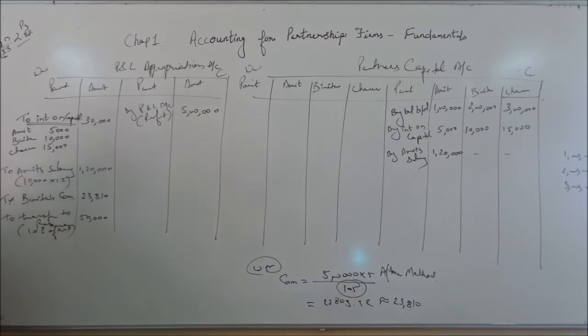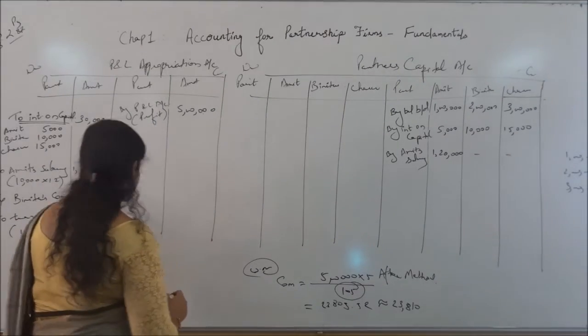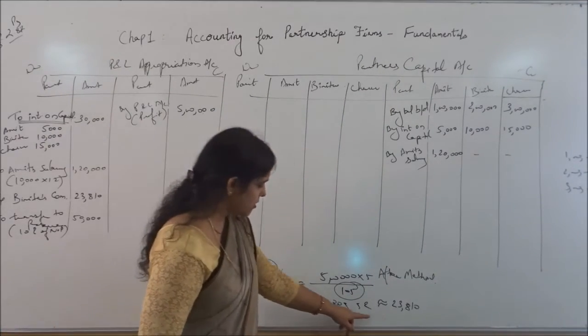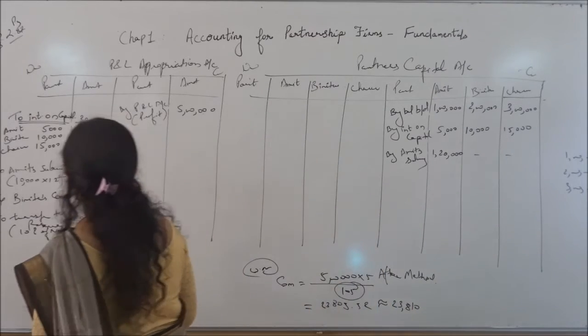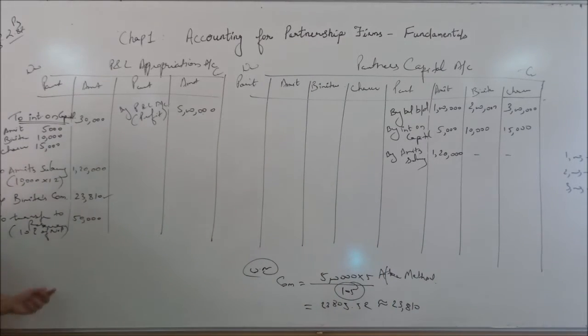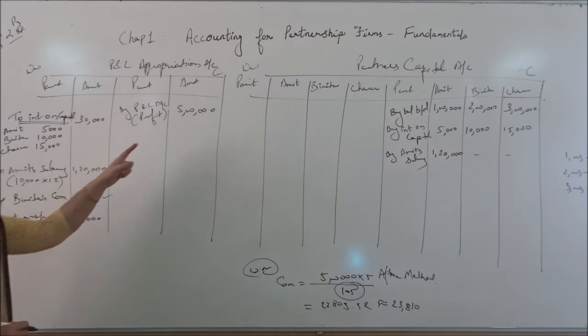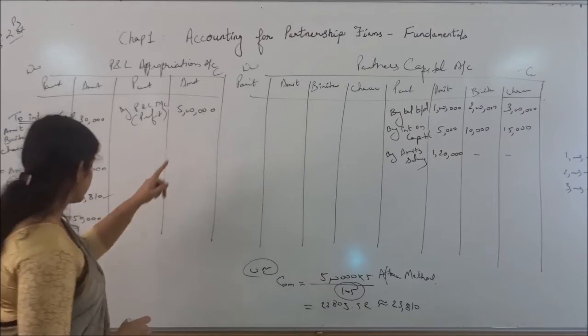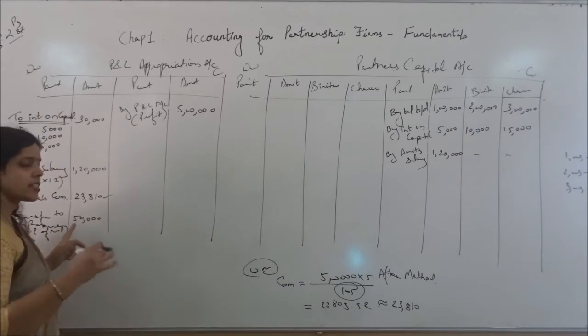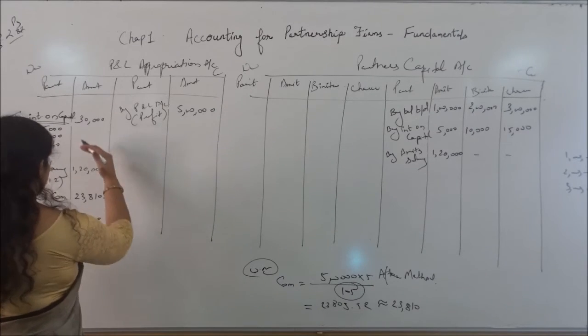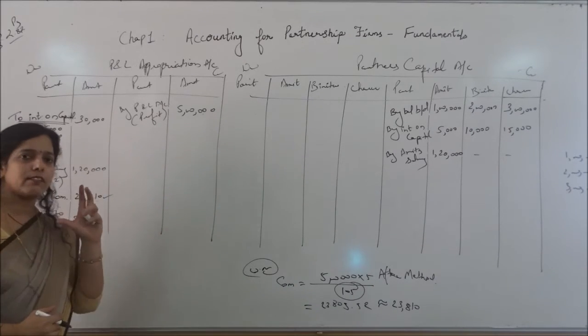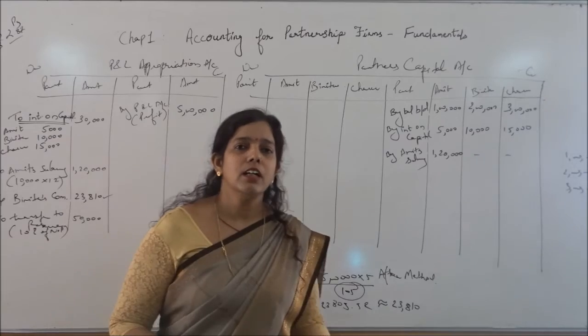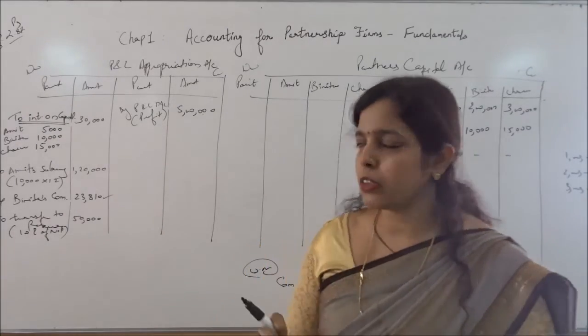10% of NP. We calculated the commission here, approximately 23,810, and we have taken it like this. And the transfer to reserve we directly calculated as 10% of rupees 5,00,000. If it is divisible profit, you have to first subtract all these items, then calculate the divisible profit, then take the 10%. So please concentrate on every line of the question.